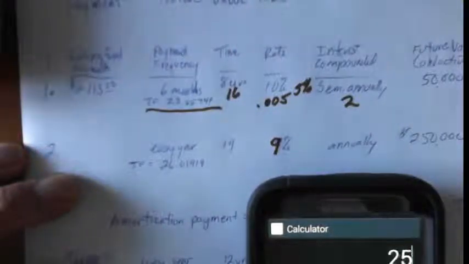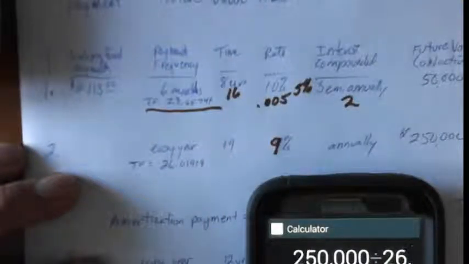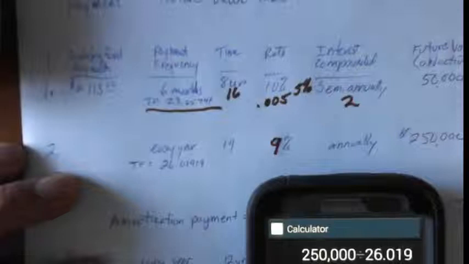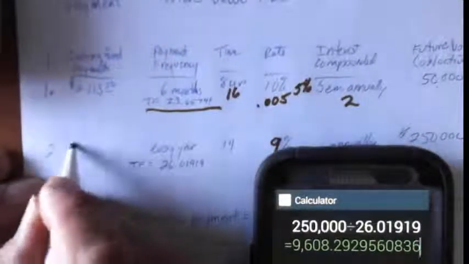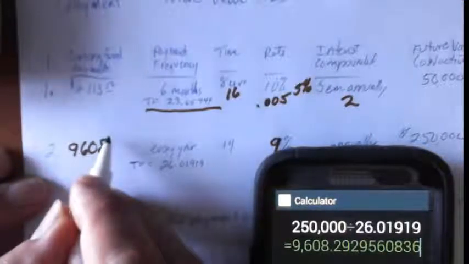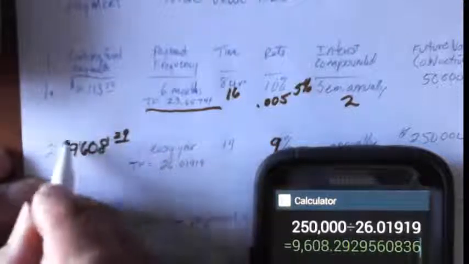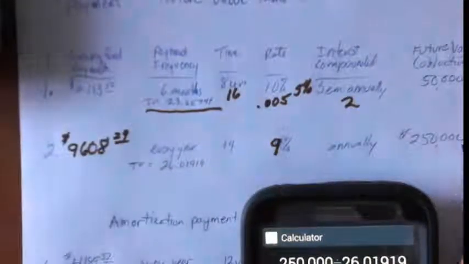Again, we're just putting our numbers in and dividing by our table factor. We would need to put in $9,608.29 every year in order to get that $0.25 that we need.